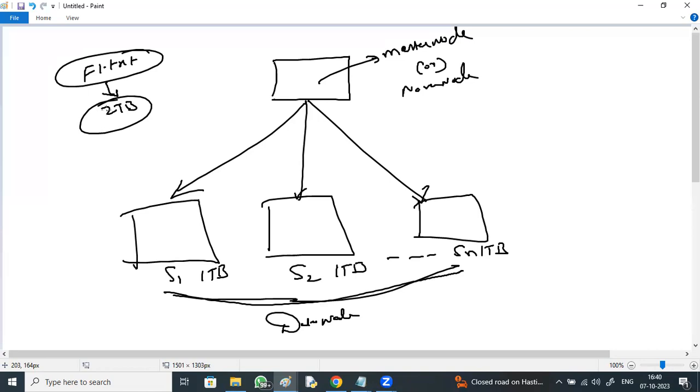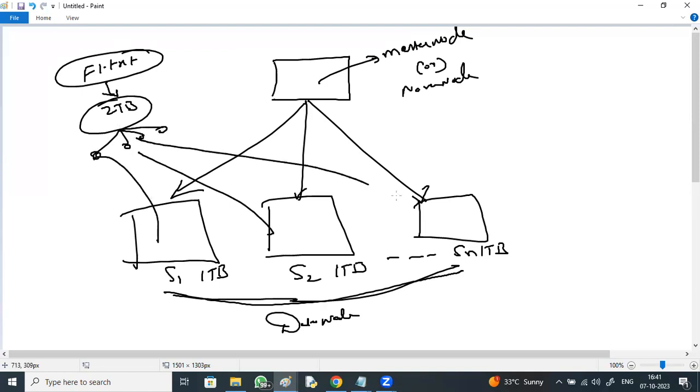Means in Hadoop, data is distributed, right? This data is divided into smaller parts. Each part is stored across multiple systems and processed in parallel. Two advantages you can see here: distributed storage and parallel processing.